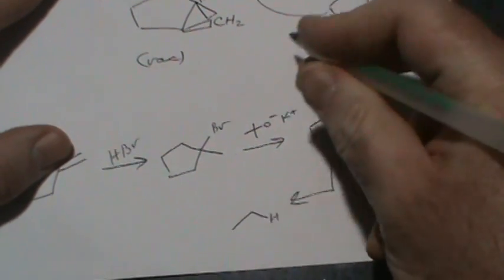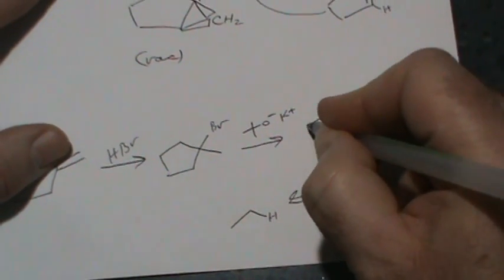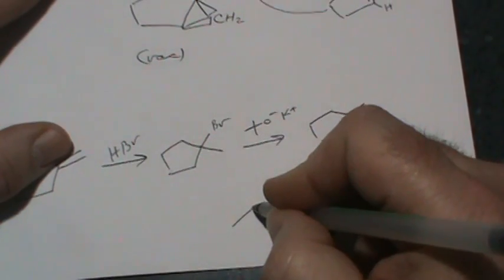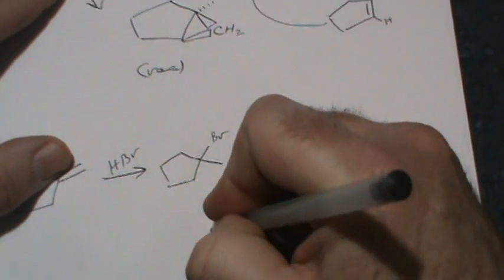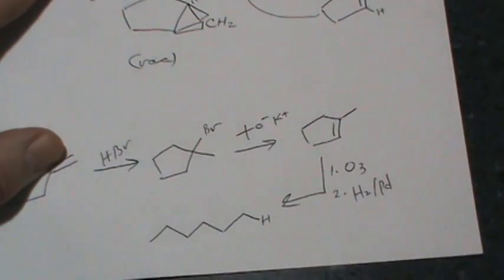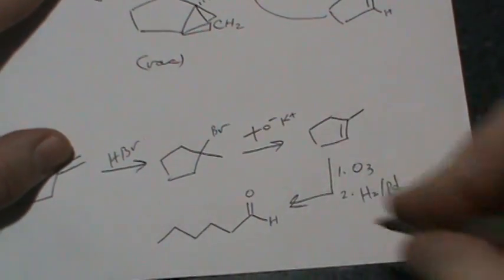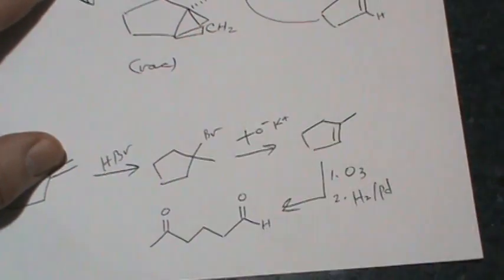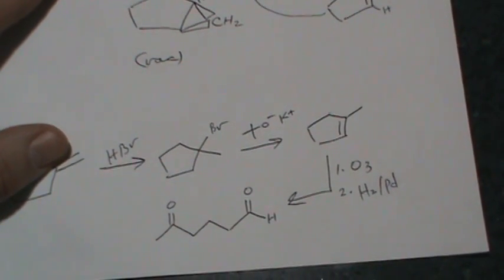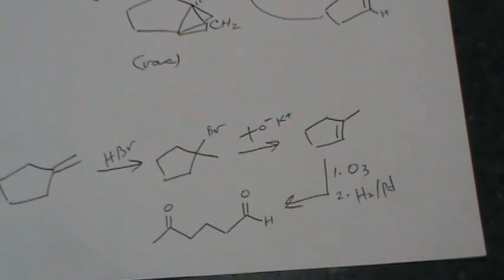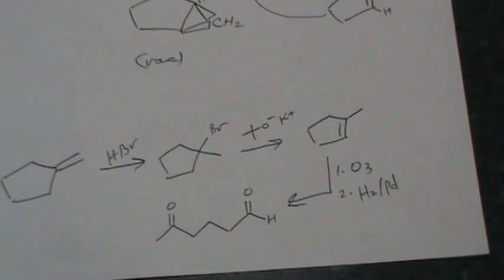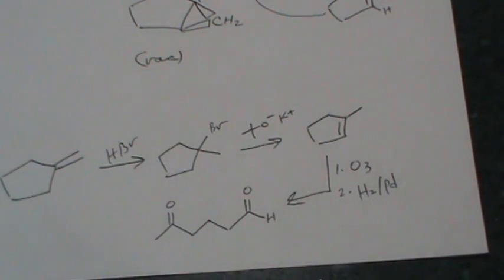The rest of this will unfold. 1, 2, 3, 4, 5, 6. This is where there used to be a carbon-carbon double bond right between those two carbons, and so those become carbon-oxygen double bonds. So that was a little bit more challenging.